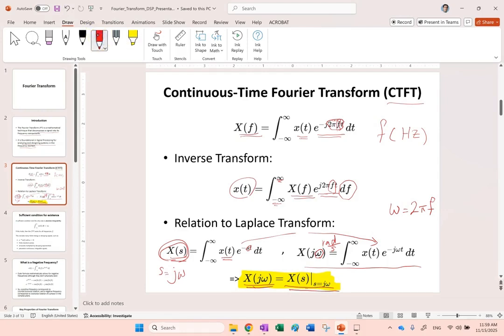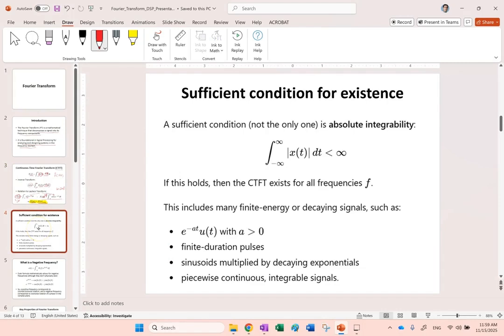But next, you might ask, hey, if I give you any time function, is there an equivalent frequency function? Does this transform apply to any function in the time domain? Can you always solve this integral and does it converge to something? The answer is no. There are some conditions for it.